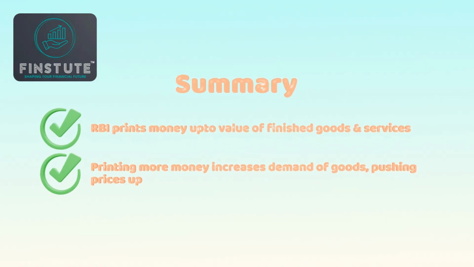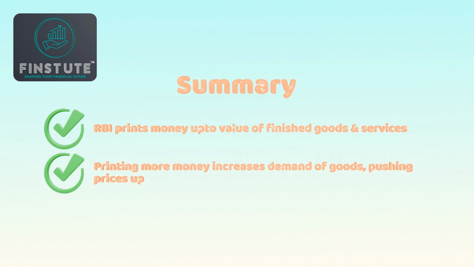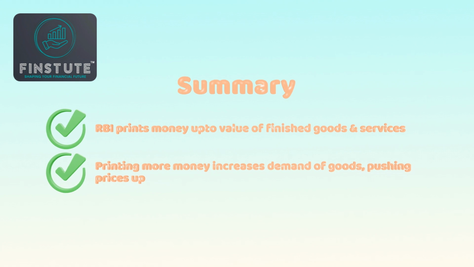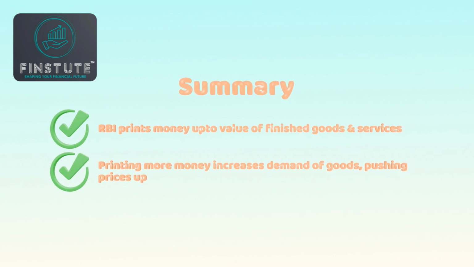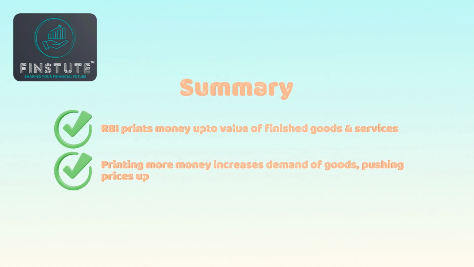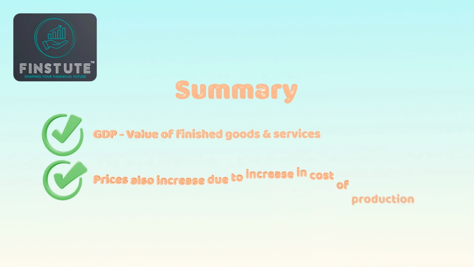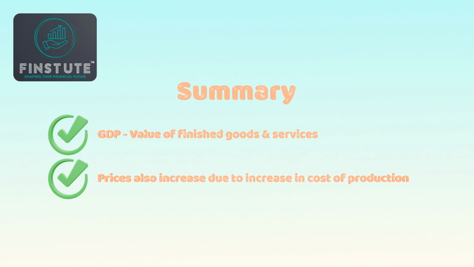RBI prints money up to the value of finished goods and services produced in the country. Printing more money than this could cause an imbalance between supply and demand, leading to an increase in prices of goods and services. The total value of finished goods and services produced in a country is referred to as its GDP, gross domestic product.